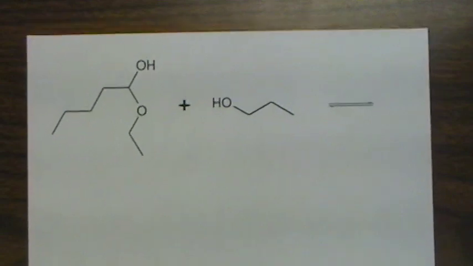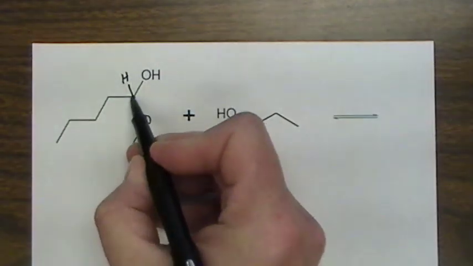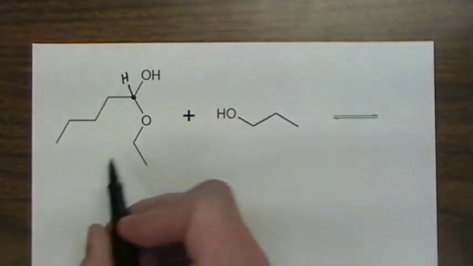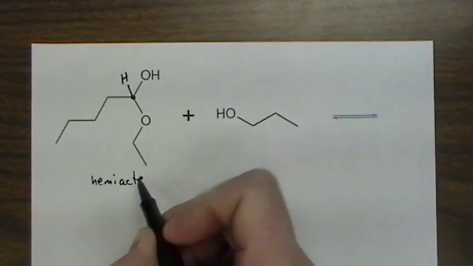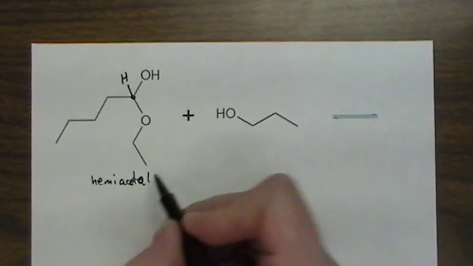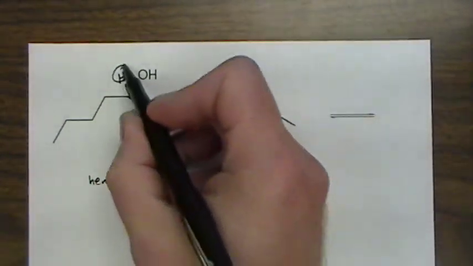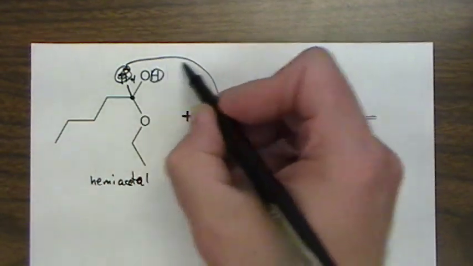So you need to recognize the structure. We see that we don't draw the hydrogen, but we can see that we have a hydrogen, an R group, an OH group, and an alkoxy group. That makes this a hemiacetal, or in other words, part of an acetal. We're almost there. So we take this OH group and this hydrogen, and those go off. Oh, I'm sorry, it's not that hydrogen, it's this hydrogen.